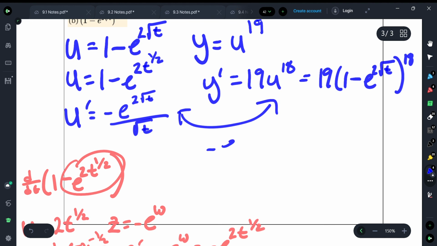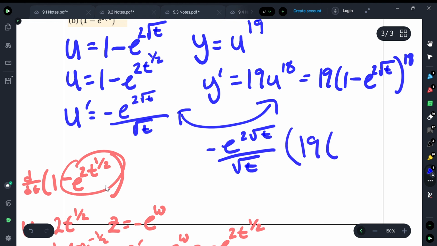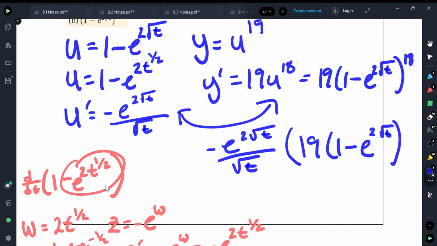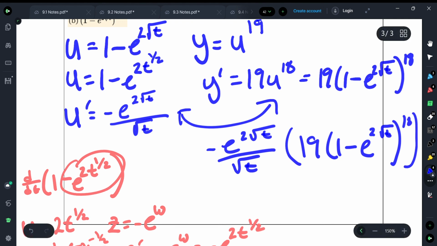So that may look messy, but it's not really that bad. That's going to be times 19, and that's going to be to the 18th power. All right, cool, no problem. Capiche?